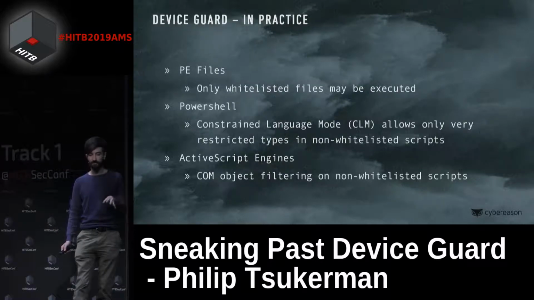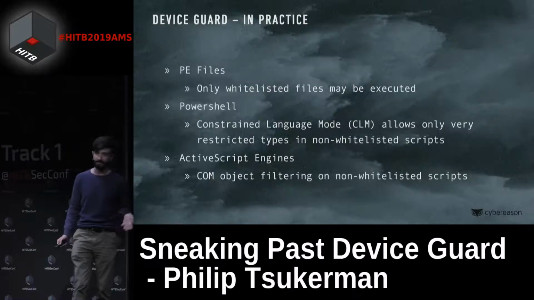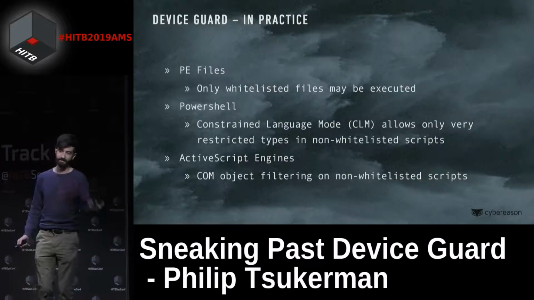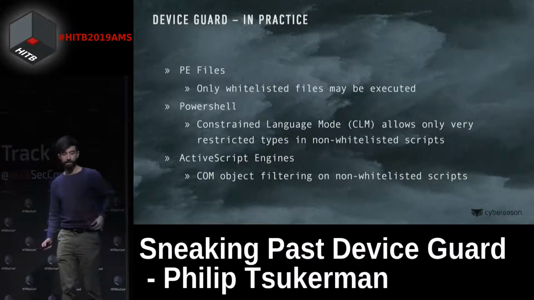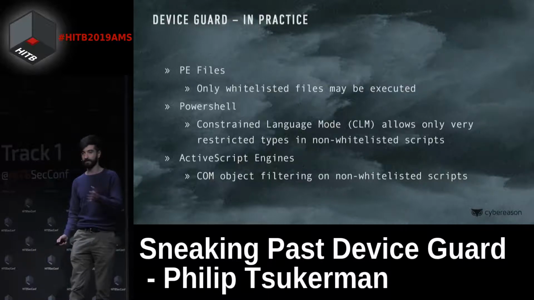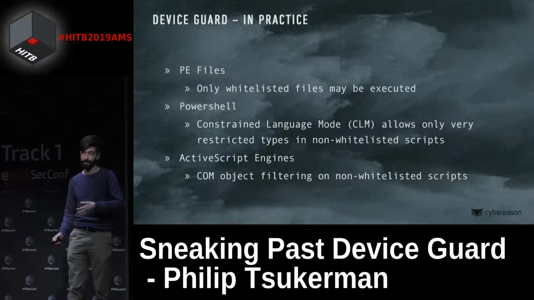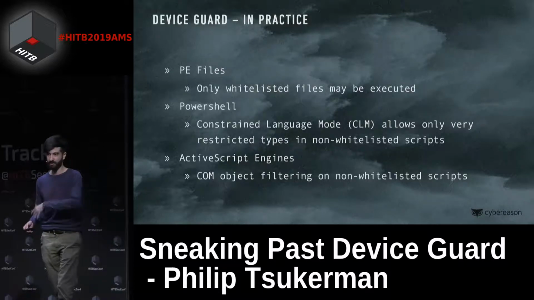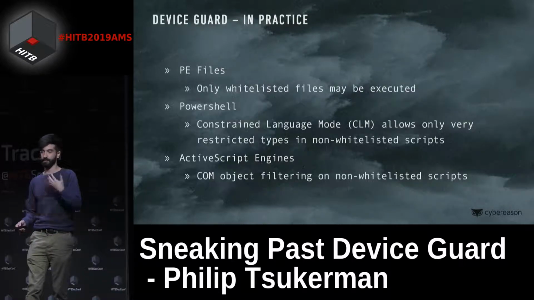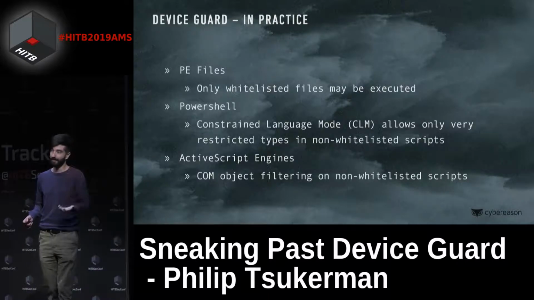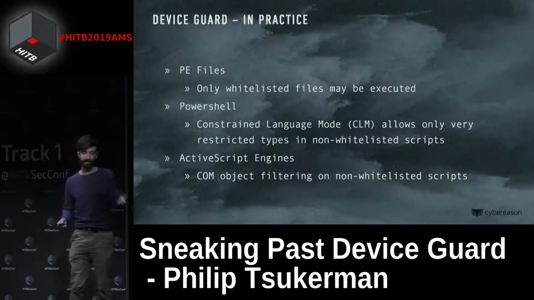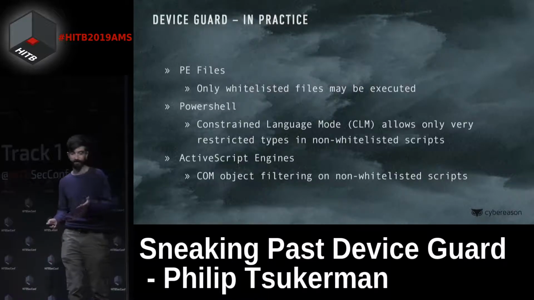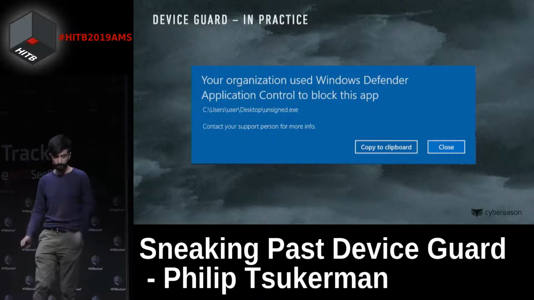The same thing goes with ActiveScript engines, which is things like JScript and VBScript. These mostly interact with the underlying operating system using COM objects, which are filtered on non-whitelisted scripts. So you suddenly are only able to use things like regexes and dictionaries instead of the usual offensive capabilities provided by COM objects and things like .NET to JScript.